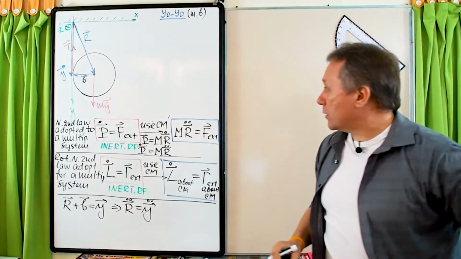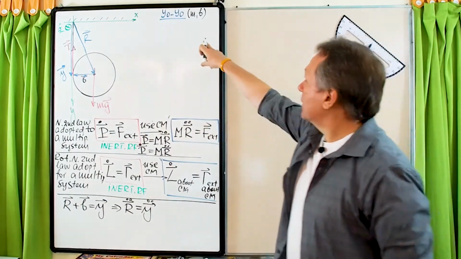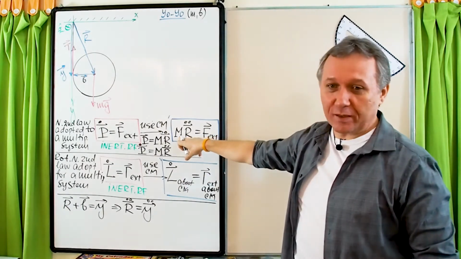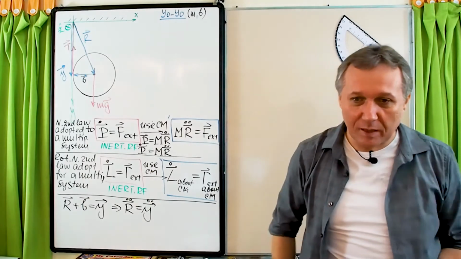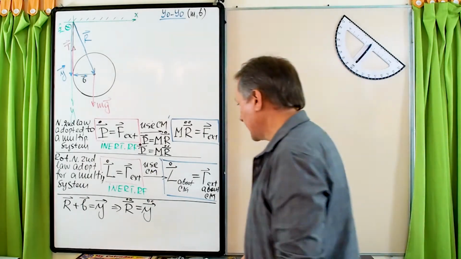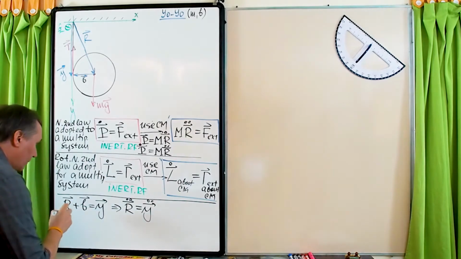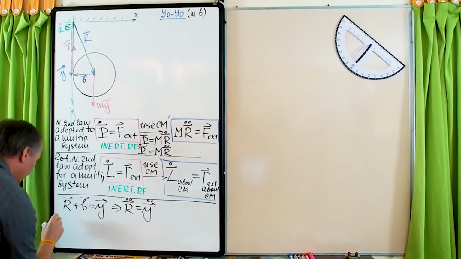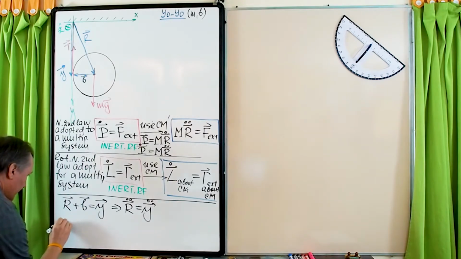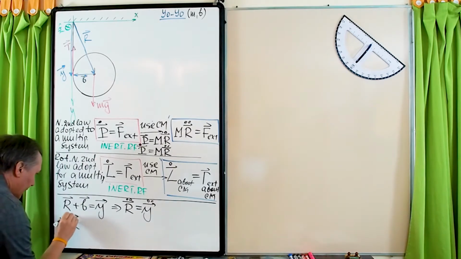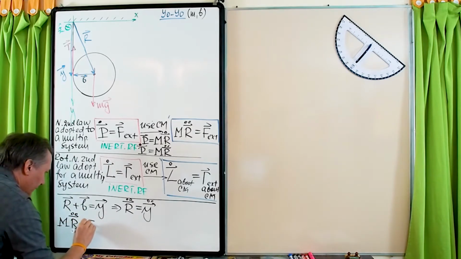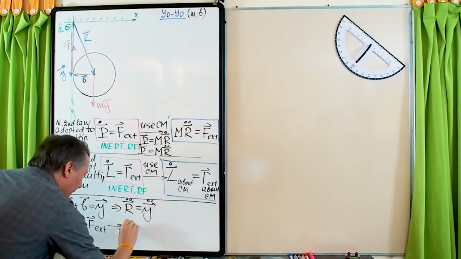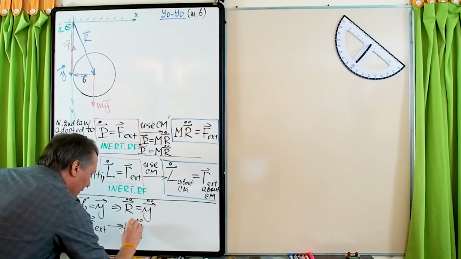I will use m small, easier to write. I wrote M capital because in our derivations we used M capital, but now I will switch. So this equation, m R double dot equals F external, can be rewritten as m y double dot.